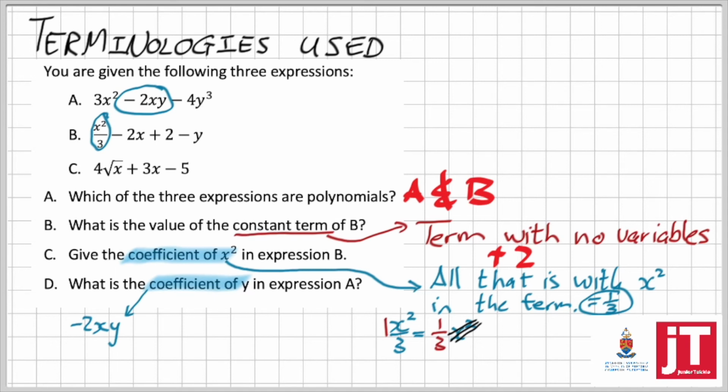Exactly, it has a y to the 3, not a y. We are specifically looking for a y. So now if I close off the y, because I want to look at what is with the y in the term, I'm left with negative 2x. And that is the coefficient of y.